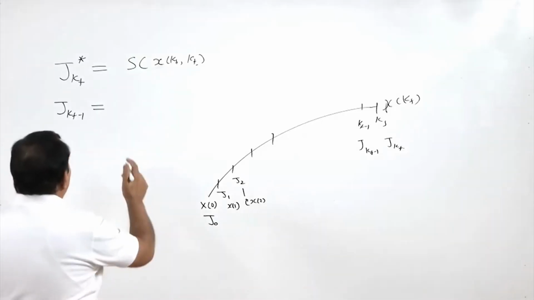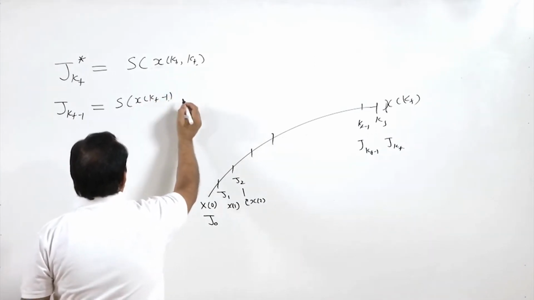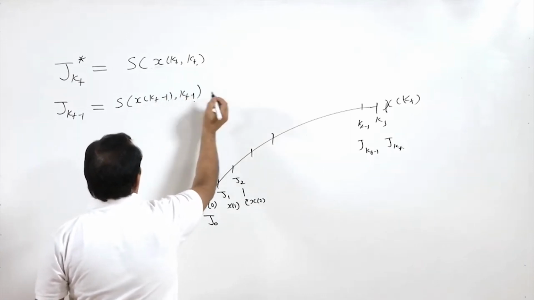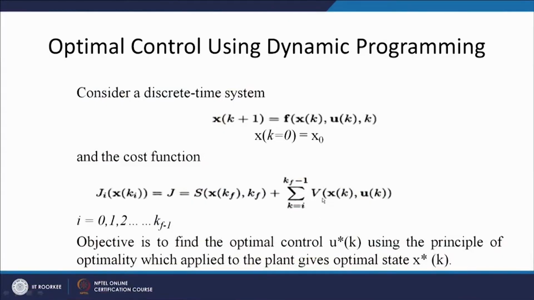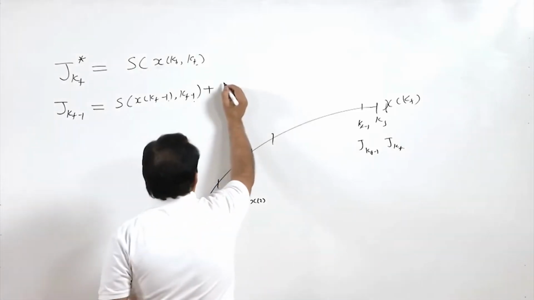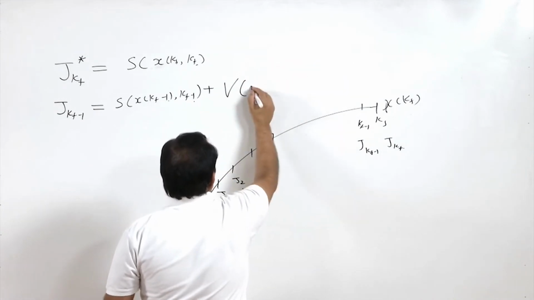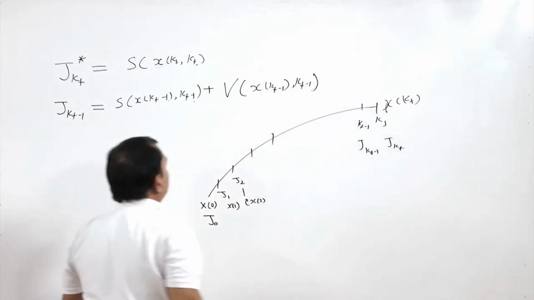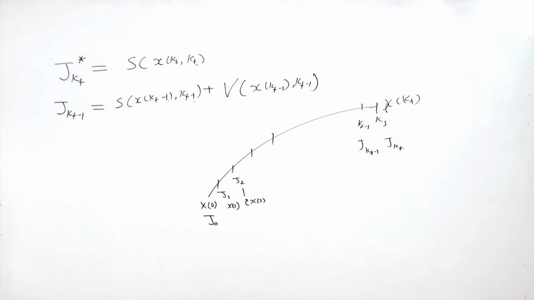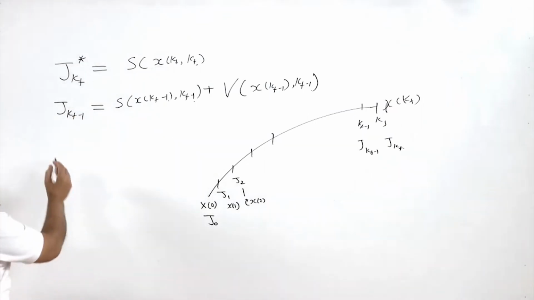If I will write the cost at the one point before, at Kf minus 1, so this value will be S x of Kf minus 1 plus, if I is Kf minus 1, this will be V Kf minus 1 U Kf minus 1 plus V, I have only the one term Kf minus 1, x of Kf minus 1, this is my V, and this cost to be minimum.